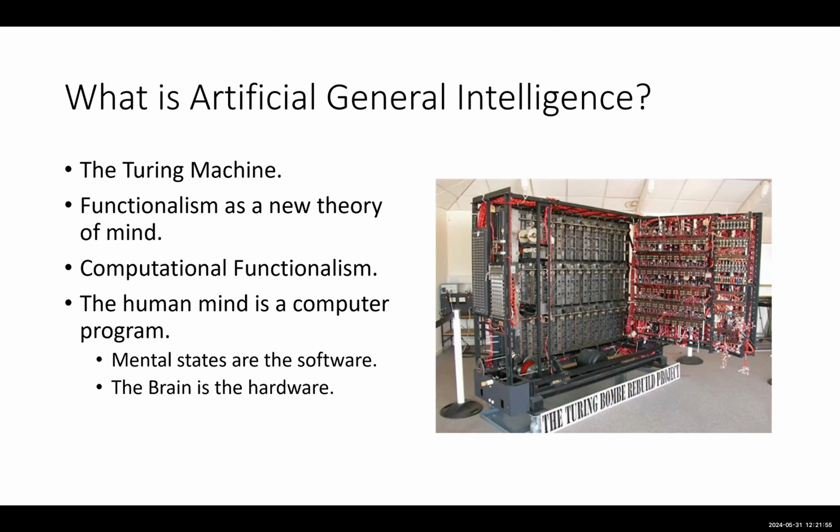Substrate meaning the material that is the basis of the mind, the material that the mind kind of emerges out of. It doesn't matter what that is, as long as it's able to perform the right functions. That's all that matters, right? So substrate, the material basis of the mind, it doesn't matter what that is, as long as the function works. It could be organic material, or it could be silicon. So the mind is independent of any substrate or material basis.